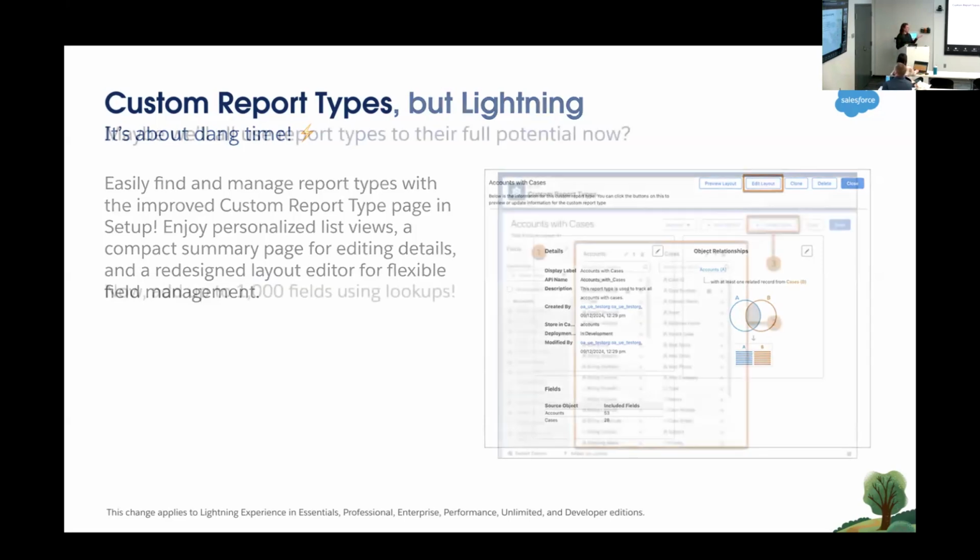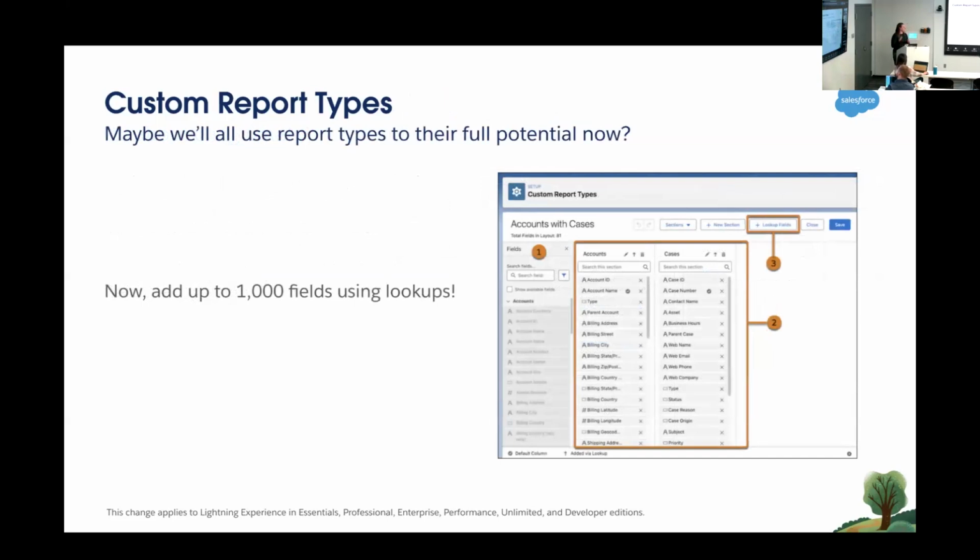So now in Lightning, we have the new and improved interaction with custom report types. However, they are marrying in some of the old school style a little bit. But in general, I think it's going to be a lot easier for admins to create custom report types and extend their functionality.